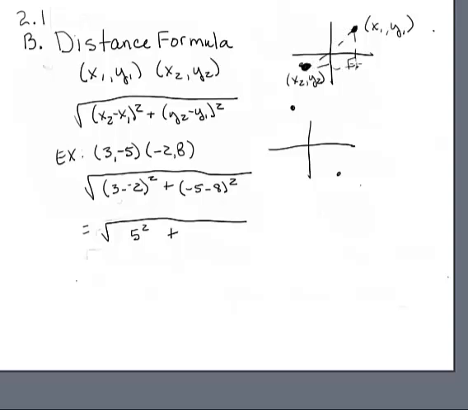Well, I could make a triangle, a right triangle, and I can use the Pythagorean theorem, which is a squared plus b squared equals c squared, and I can calculate and come up with a formula for the distance between these 2 points.